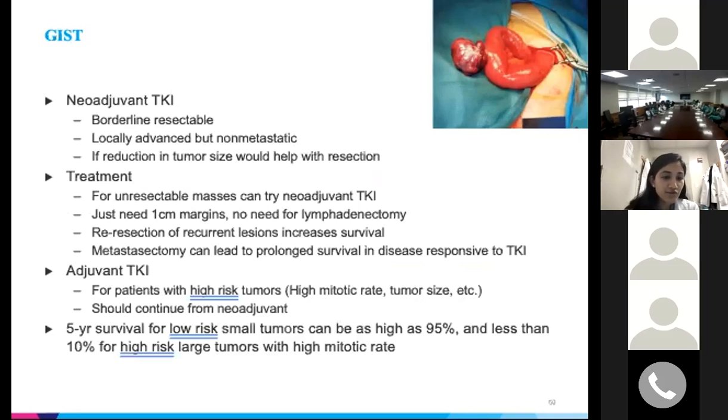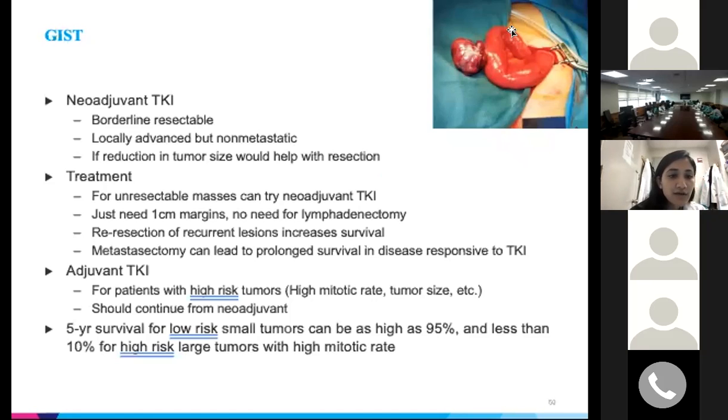When talking about surgical resection for GISTs, surgical resection is very much the primary treatment of choice. You don't require wide margins, you just need to resect the tumor. Neoadjuvant imatinib, or giving imatinib before surgery, can be considered in cases where the tumor is borderline resectable, if they have locally advanced disease, or they have a potentially resectable tumor if the tumor was able to decrease in size after neoadjuvant treatment.